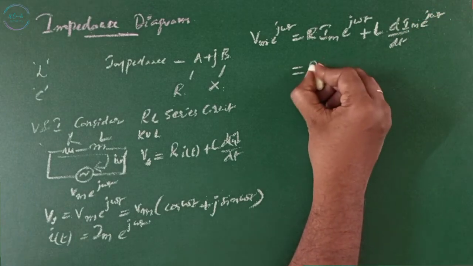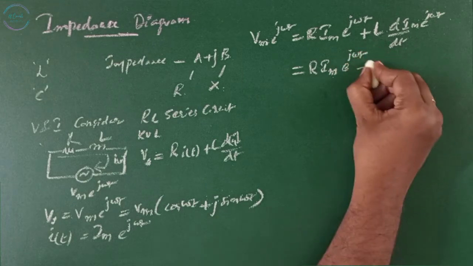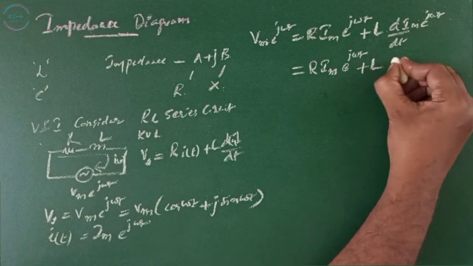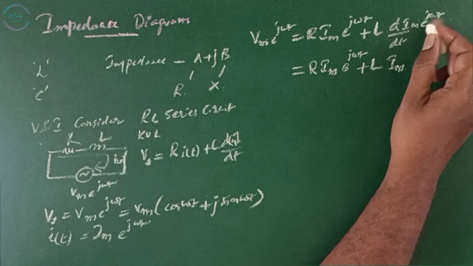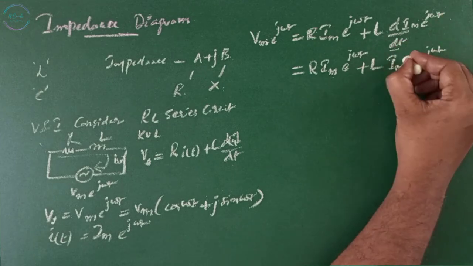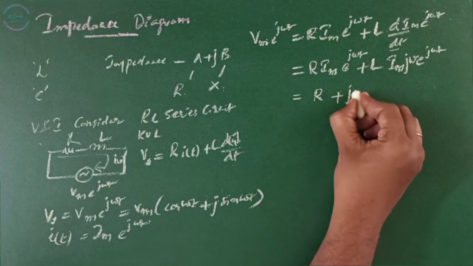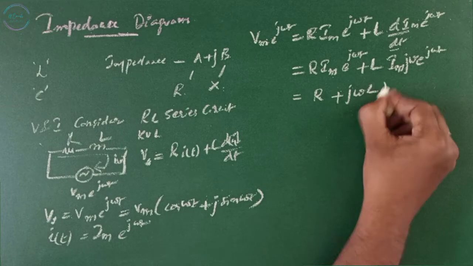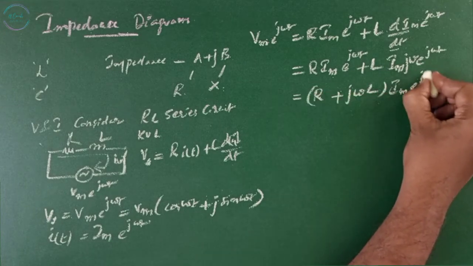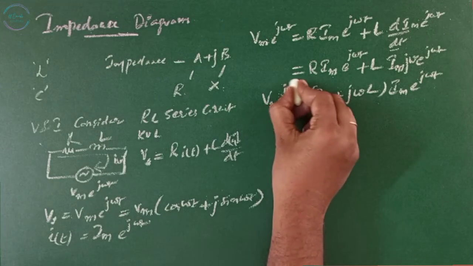Now if you differentiate, Im is a constant and comes out, and e to the power of j omega t differentiated with respect to t gives j omega. So it is R plus j omega L of Im e to the power of j omega t. This is Vm e to the power of j omega t.